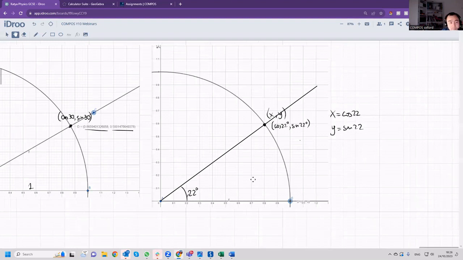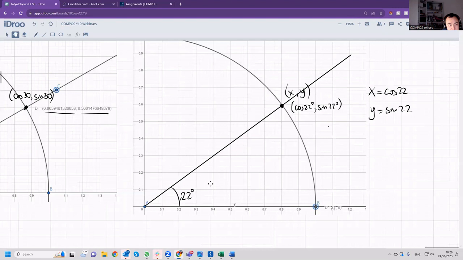So if you draw a line at 45 degrees, no, not 45, 60 degrees. If you draw a line of 60 degrees, you know what? I'll draw another one.